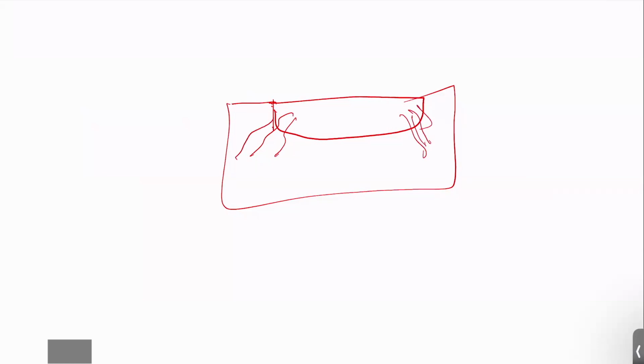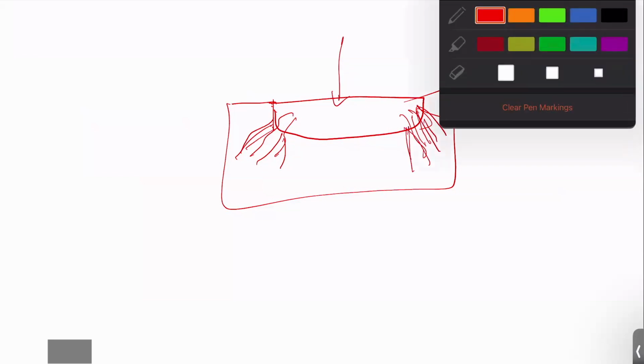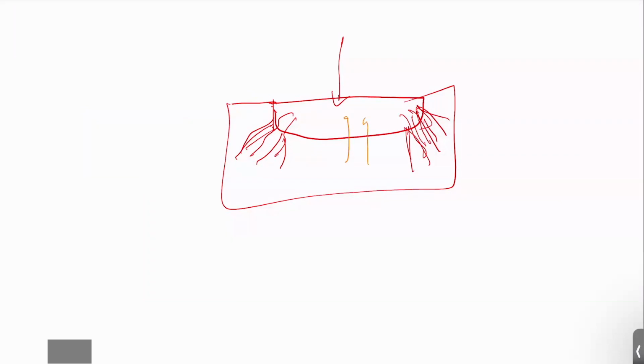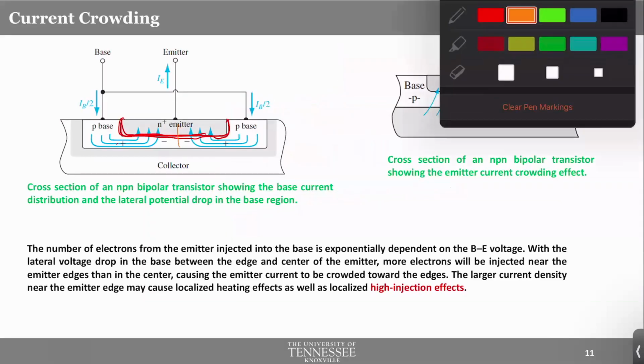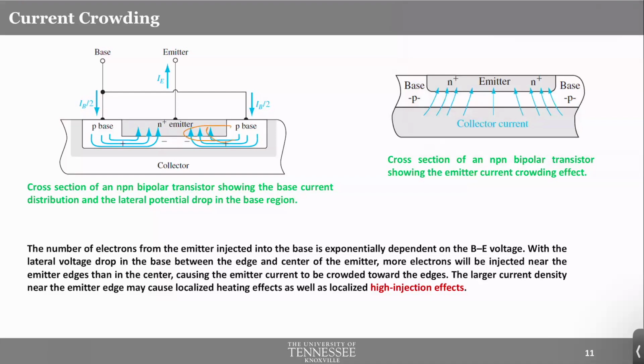So electrons will try to pile up or get inside the layer through these edges, more so than what happens in the middle. So in the middle you have very few electrons getting in. Most of these electrons will try to get in through the two edges. And that's why, by the way, this is another example of the same thing.